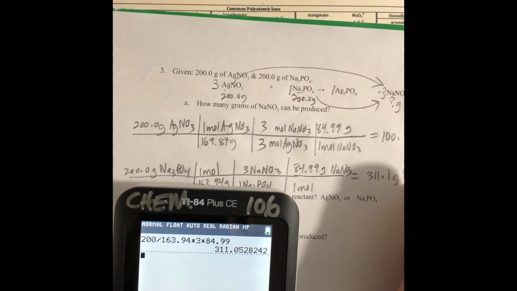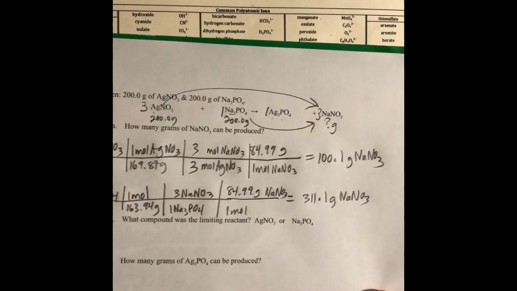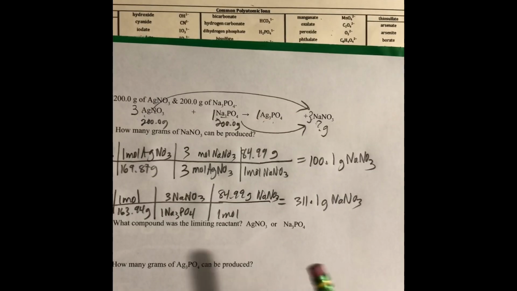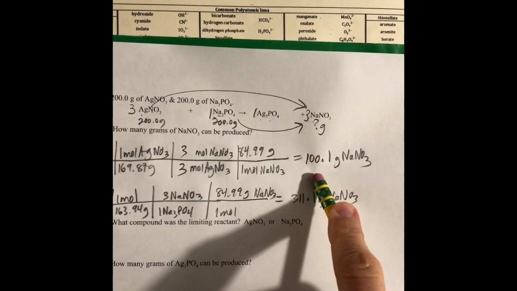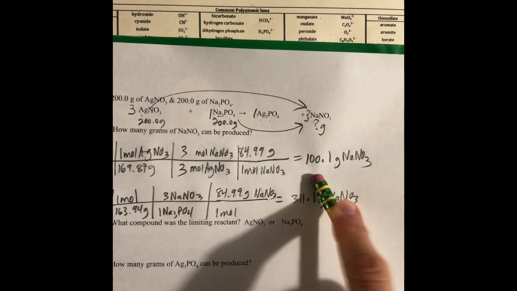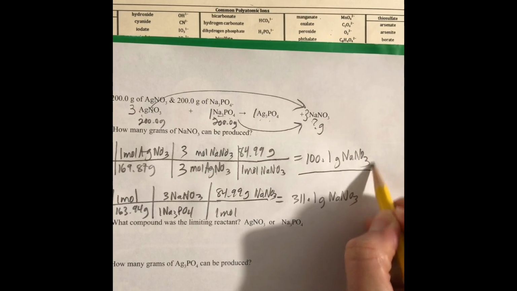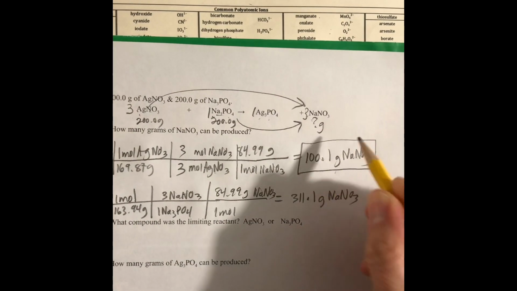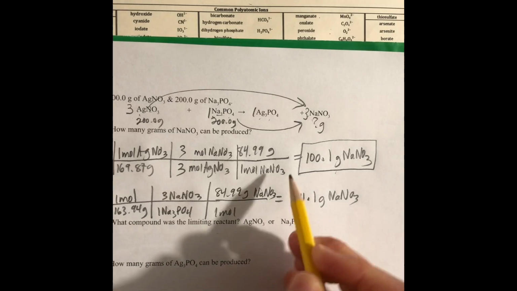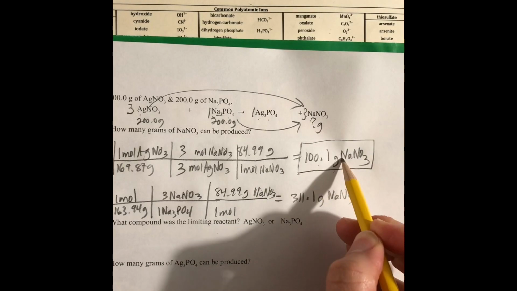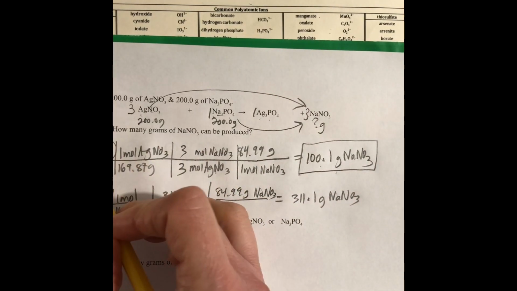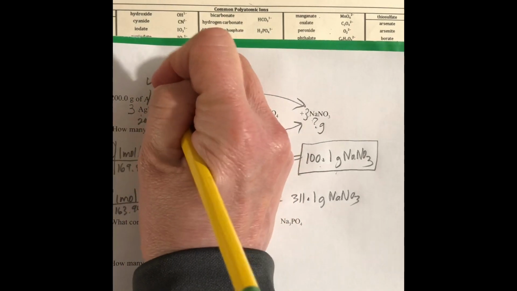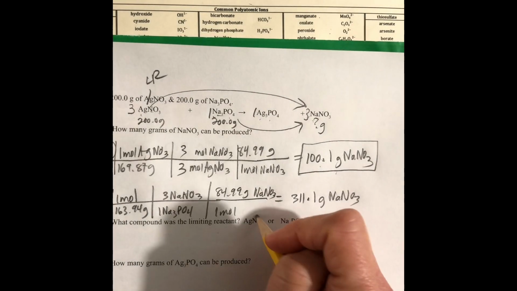But it really is irrelevant because when we look at these numbers, we have 311 and 100.1. The one with the least is the winner. It's a little bit like a round of golf. The lowest number wins. And I know the next question is going to be what compound is the limiting reactant. This is not the limiting reactant, but the thing we started with. So that one is the limiting reactant, so I will circle that one.